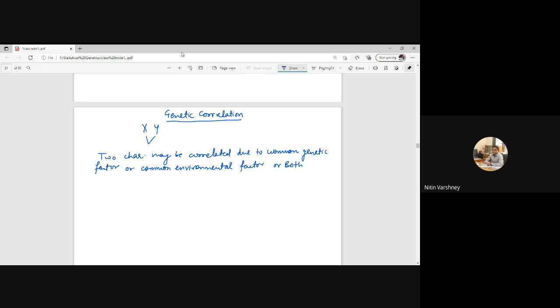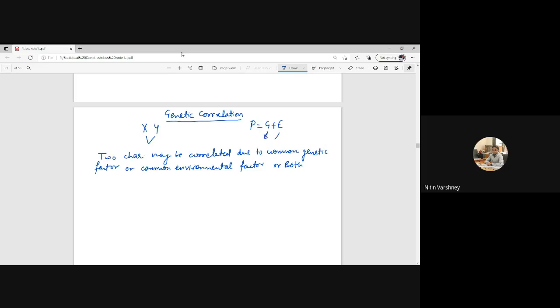So two characters may be correlated due to common genotypic factors. Actually, what is this? P is equal to G plus E. So if we see the outer appearance, that is phenotype, it is related to genotype and environment.